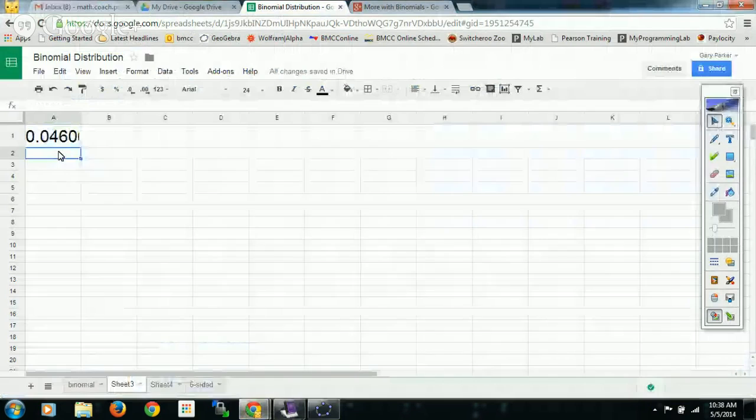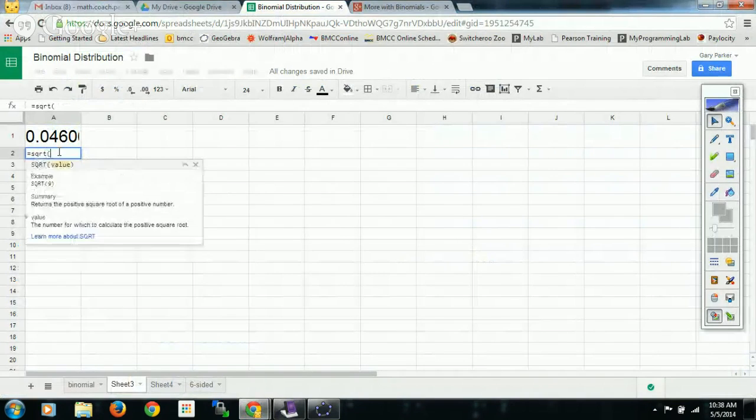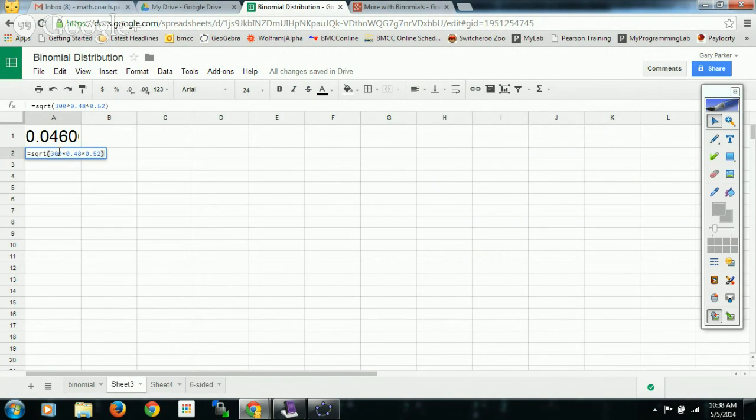According to the formula, I want the square root of n, 300, times p, 0.48, times q, 1 minus that, which would be 0.52 on a good day. And according to Google, it's about 8.7.